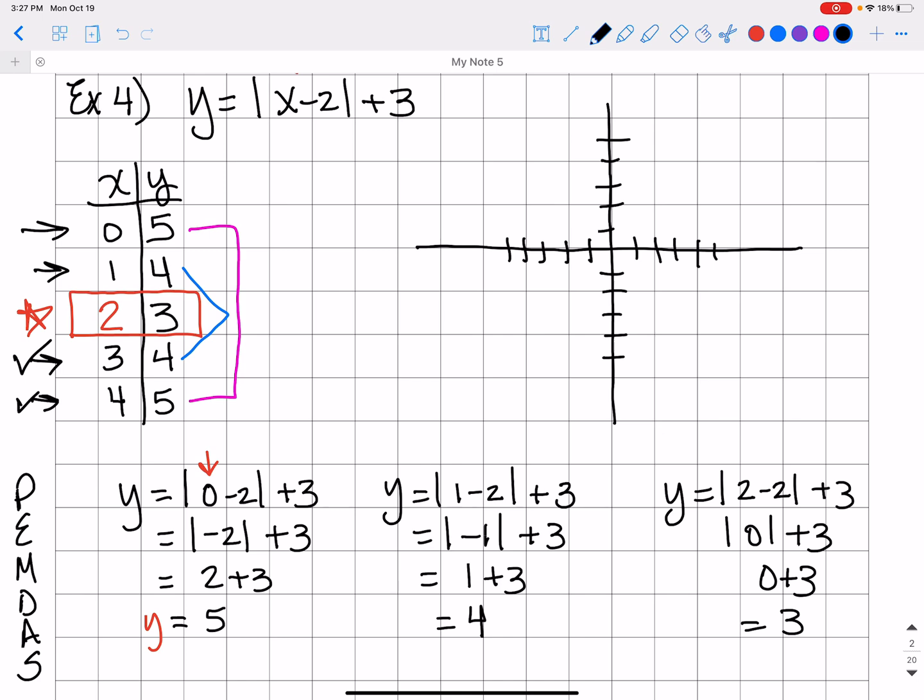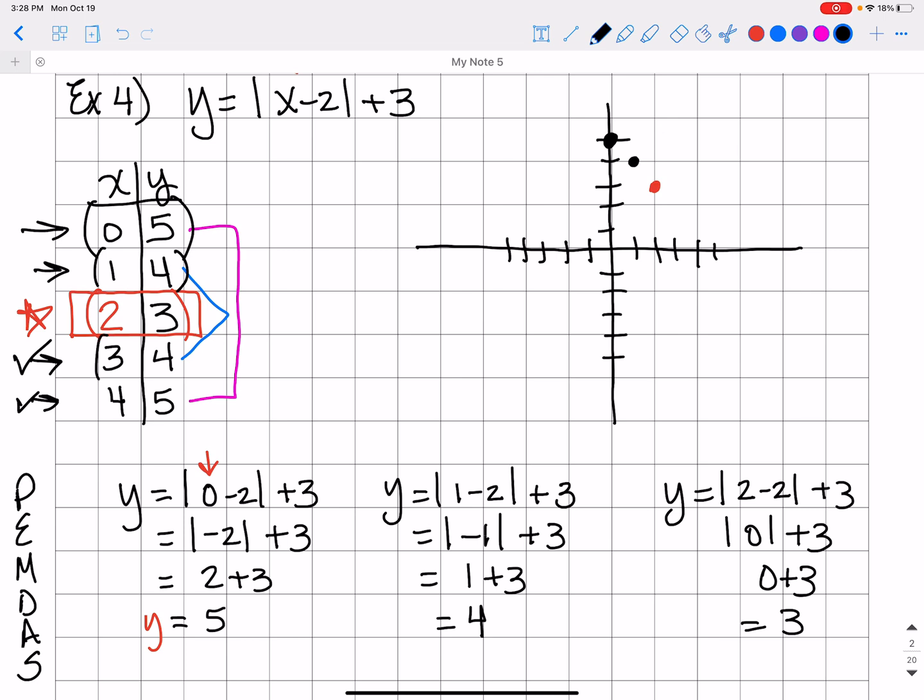So the first point I'm going to graph is the point 0, 5. So 0, 5 is right there. And then I'm going to graph the point 1, 4. So 1, 4 is right there. And now I'm going to graph my vertex of 2, 3. So 2, 3 is right there.